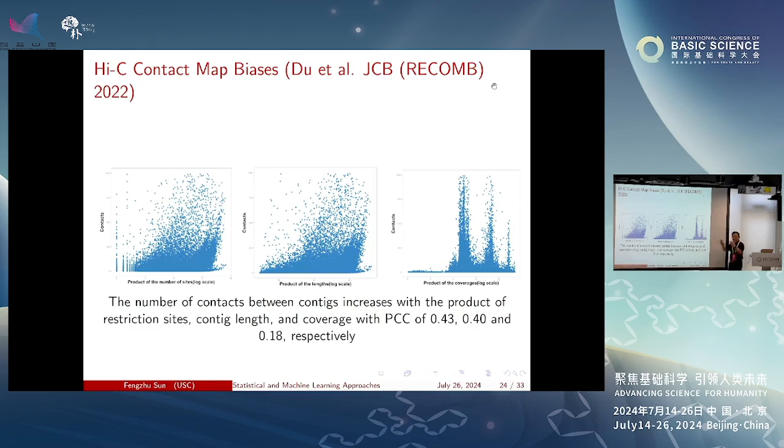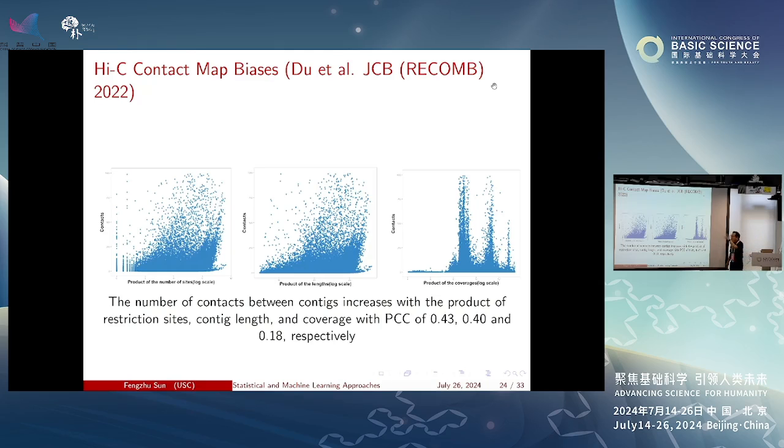Once you see this, it just says that if both contigs are long, they are more likely to be linked together. So if you base it purely on the number of connections between them, you would most likely say they interact, but just because they are long does not mean that they really interact.